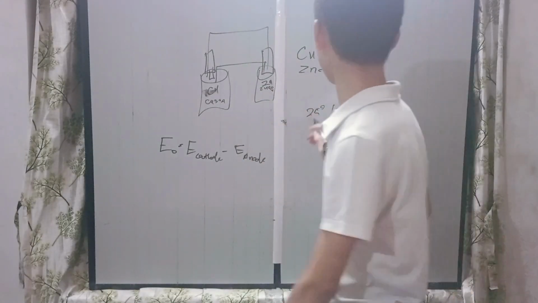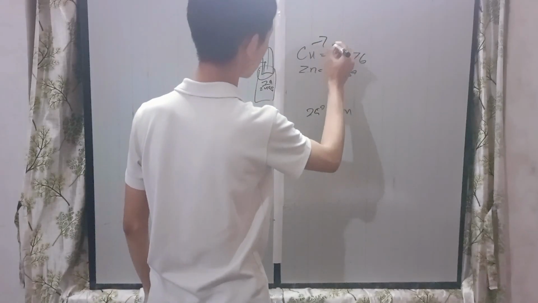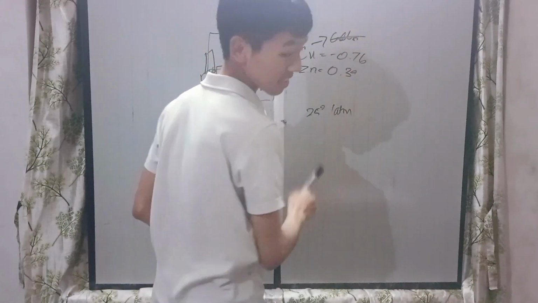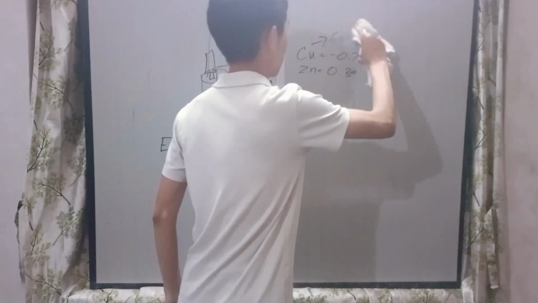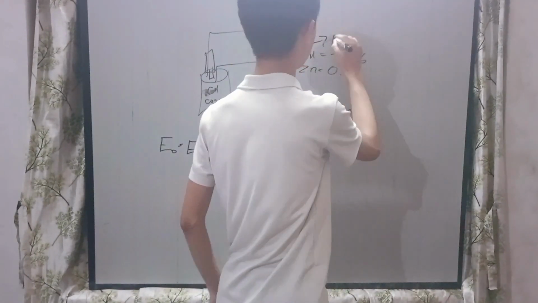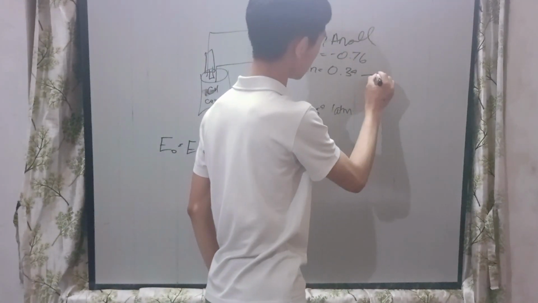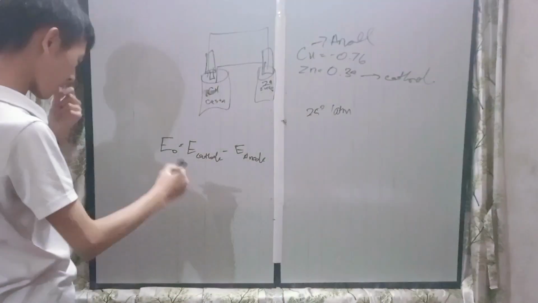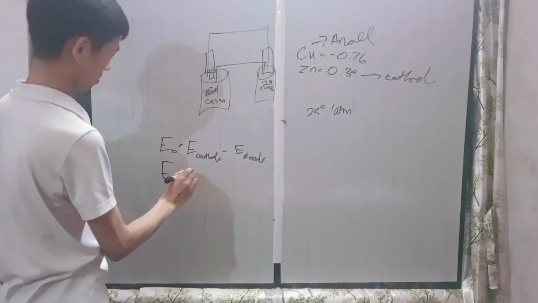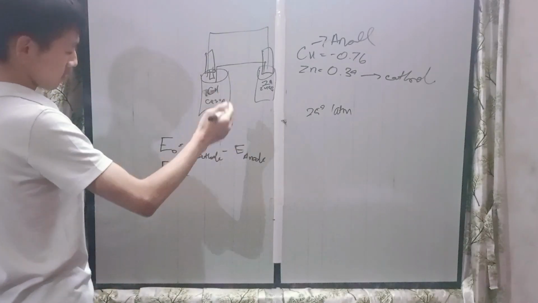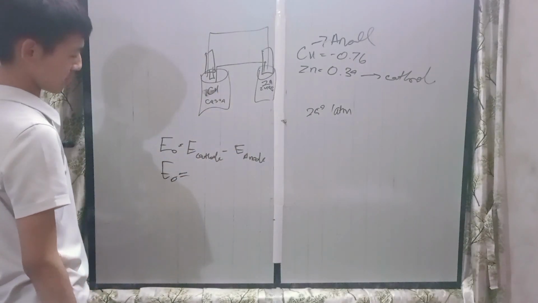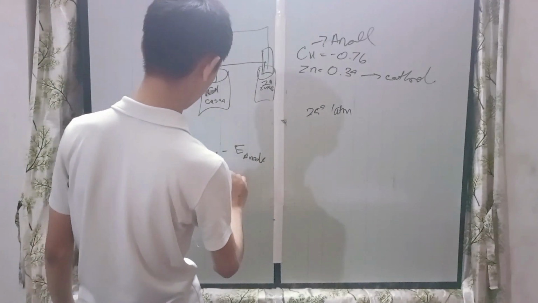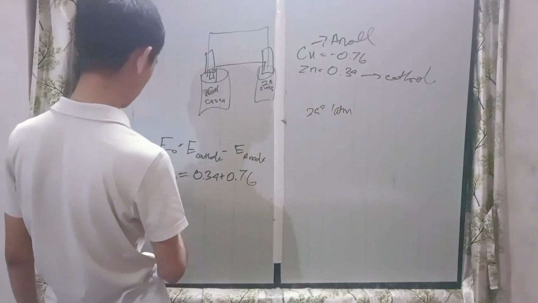Okay, since this is the anode and this is the cathode, just put in the respective values and you will get 0.34 plus 0.76.